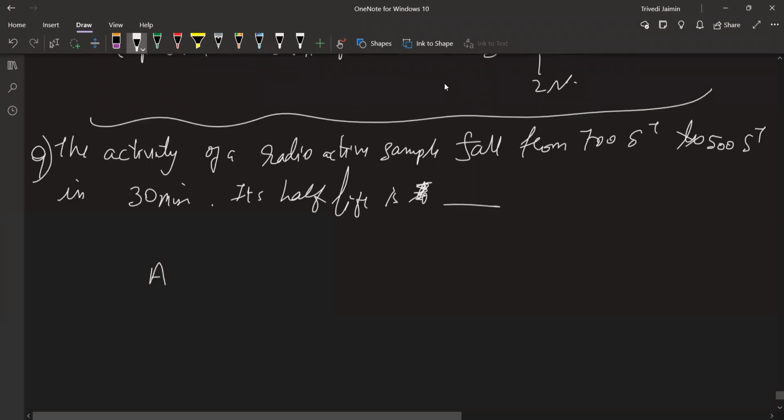What formula? N equals N0 e to the power minus lambda t, where lambda equals ln 2 divided by t half.